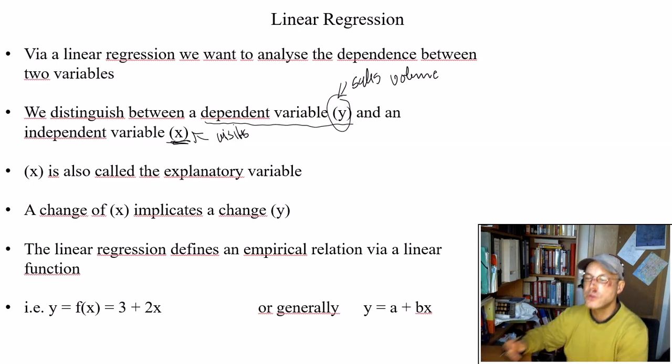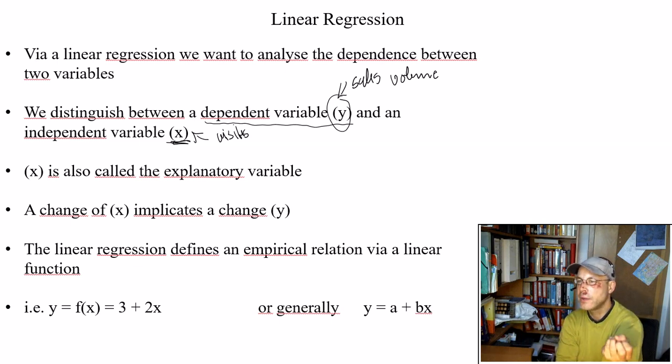So what we want to do is explain one variable, y, sales volume, with our independent variable x, our number of visits. And this would mean that a change of x will imply a change of y.